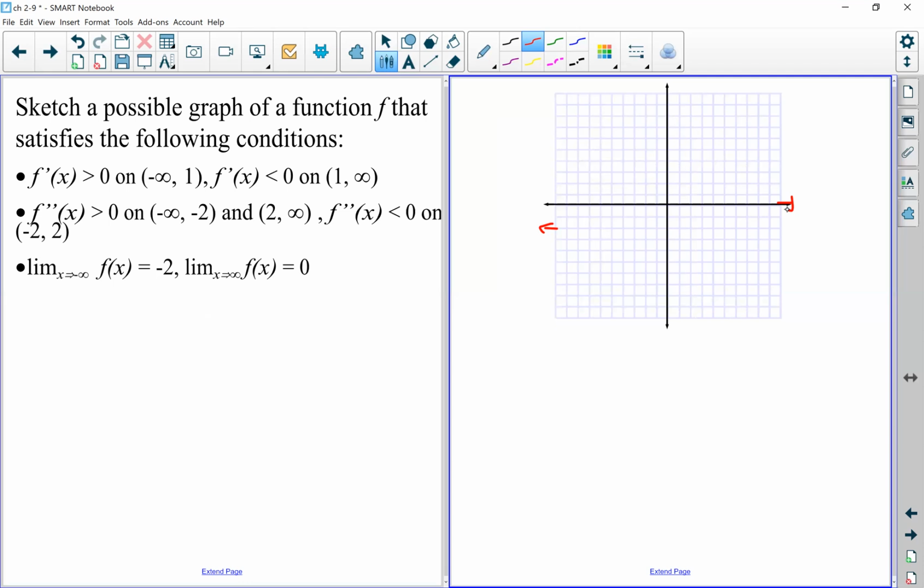So from negative infinity to +1, my graph is going to be increasing. And then from 1 to positive infinity, my graph is decreasing. So my graph might look like that.